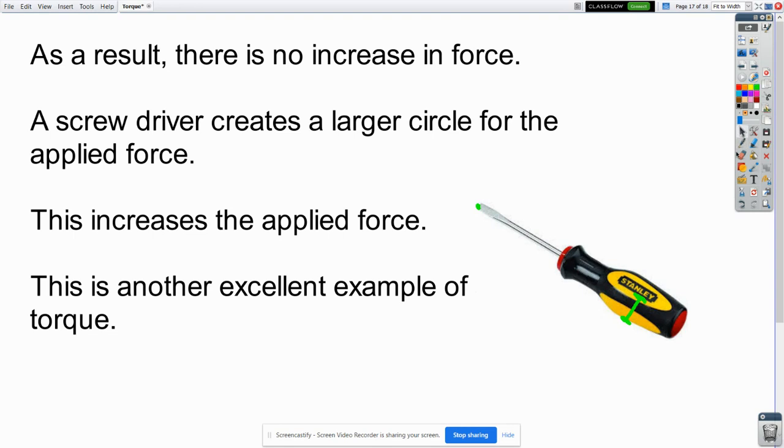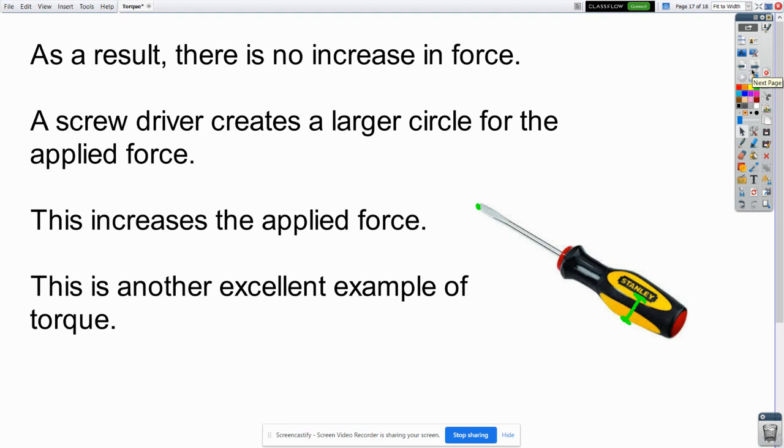So in other words, your hand is going to move in a larger circle when you apply your force than the torque circle. And because your circle up here where you're applying the force is larger than the torque circle, you're going to get an increase in force. You're going to get a multiplication of force. Again, that's the way this simple machine system works. And that's why increasing the radius increases the torque that's being applied to the object.